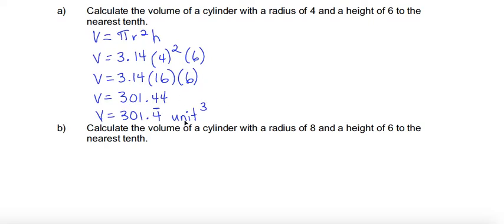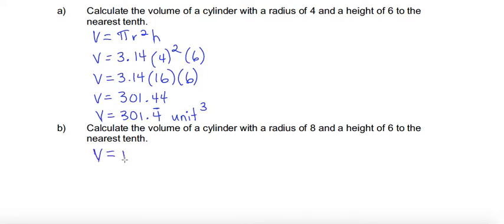That's fine as well. Okay, so the next part of this question tells us we want to calculate the volume of a cylinder with a radius of 8 and a height of 6 to the nearest tenth. So we're going to use the same formula, but we're going to substitute in different values for radius and height. So just to give us another practice working out this question.